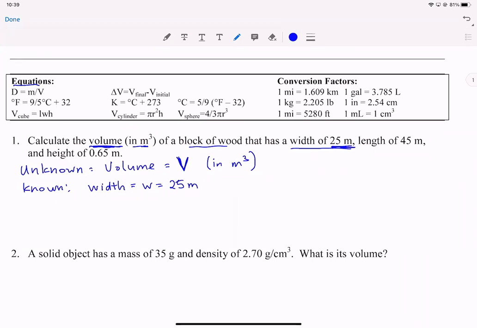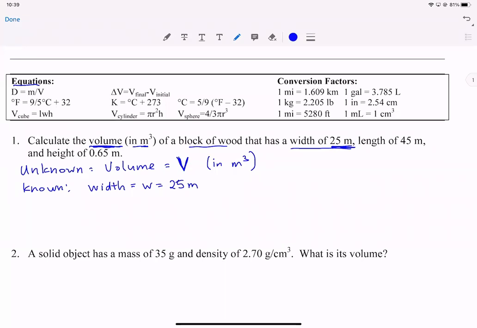Because remember, a number value is only as important as its units. 25 meters is way different from $25, which is way different from $25 million. So you want the number with the units every single time. There are some rare cases where a number doesn't have units after it, but for the most part, if you're looking at a number, it better have a unit after it that represents what that number is.